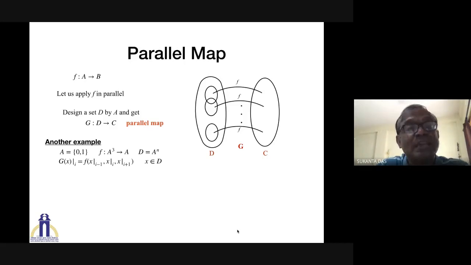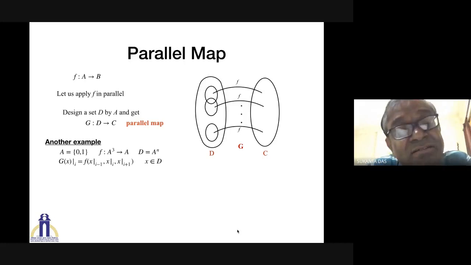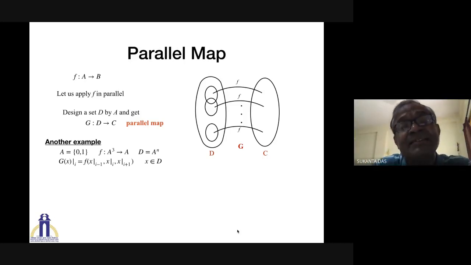It is equal to f of x_{i-1}, x_i and x_{i+1}.